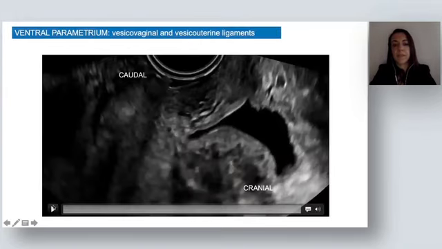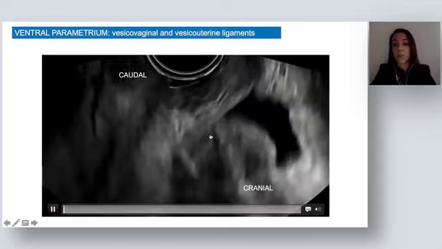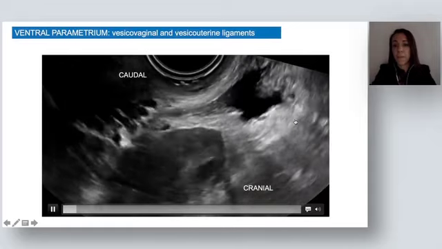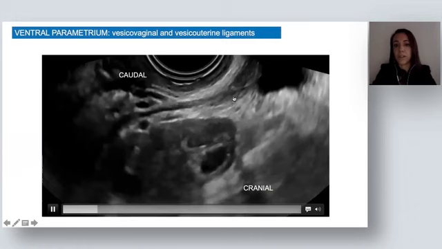This is the same video, but I want to show now how to assess the anterior ligaments, anterior parametrium, vesicovaginal and vesico-uterine ligaments. It's quite easy. It's important to obtain this section, including bladder and the terminal part of the ureter.